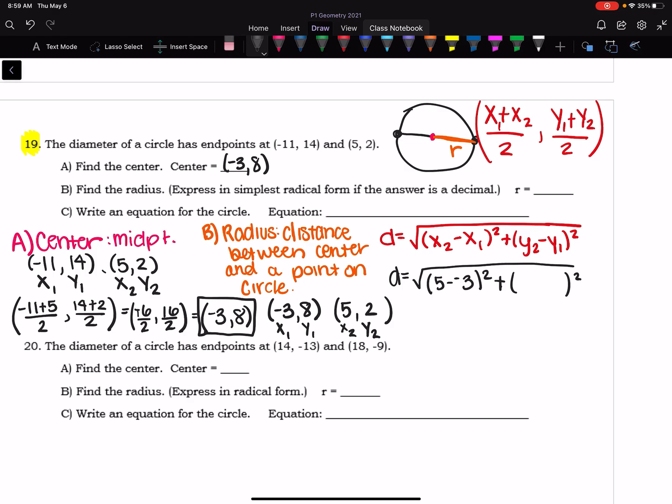And then y2 minus y1 is 2 minus 8. So we always simplify inside of our parentheses first. 5 minus negative 3 turns into 5 plus 3, which is 8. And 2 minus 8 is a negative 6.